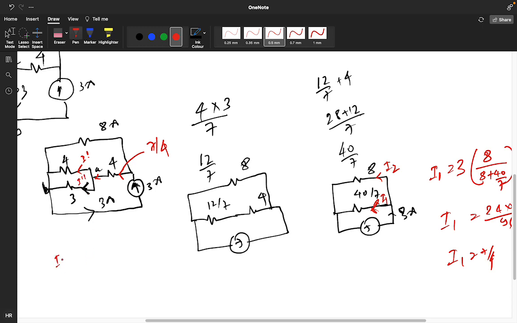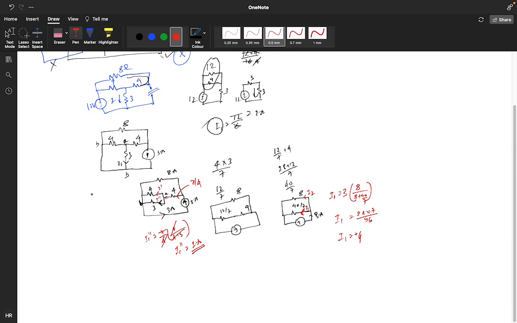So you need to find the value of I double dash. You will get 7 by 4 multiplied with 4 divided by 4 plus 3, that is 7. So this 7 will get cancelled out, this 4 will get cancelled out. You are getting I double dash as 1 ampere. So 1 ampere current will flow.